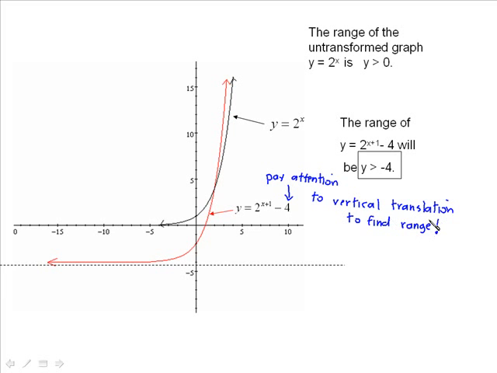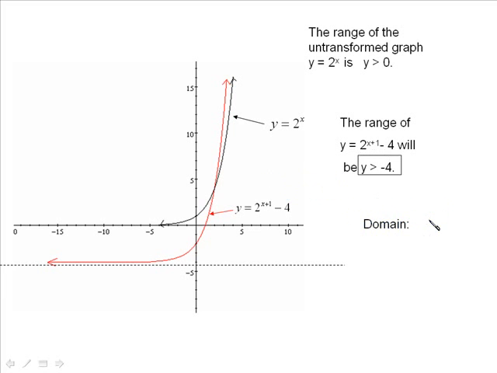That's really what it comes down to. And if you did use your calculator to graph it, you would really have to do a great job of tracing to figure out how far down it went. So there's no substitute for understanding the graph you're working with.